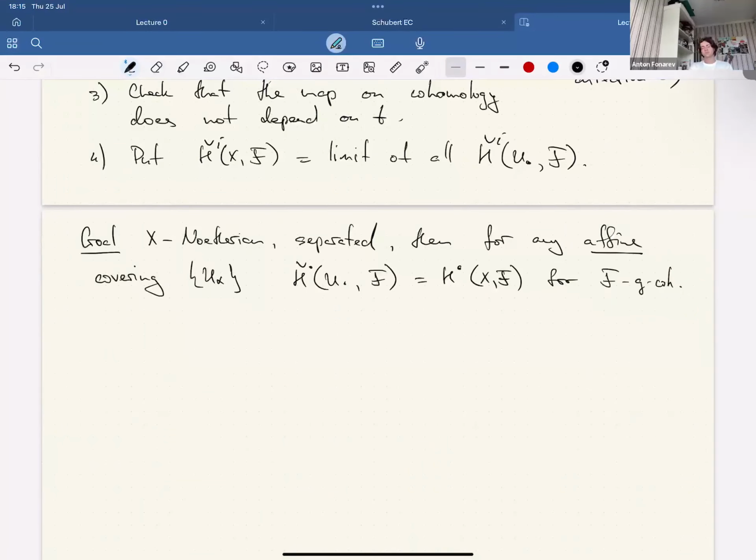All right. Let me briefly sketch how it's done. So this is a sketch.